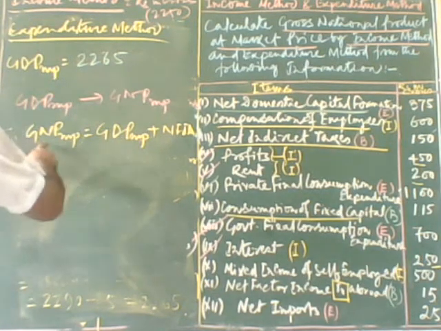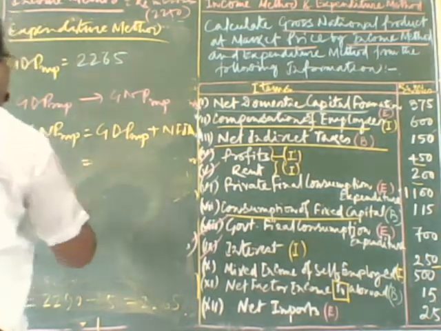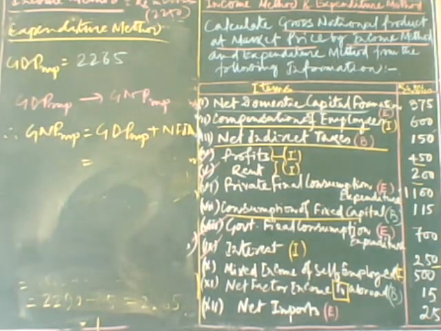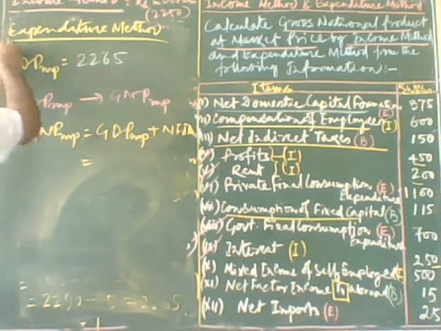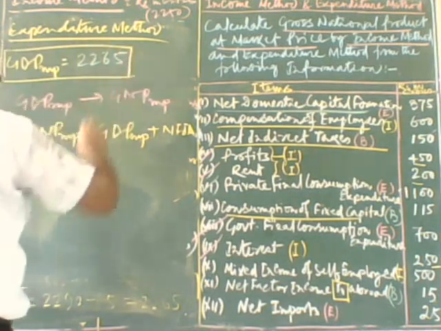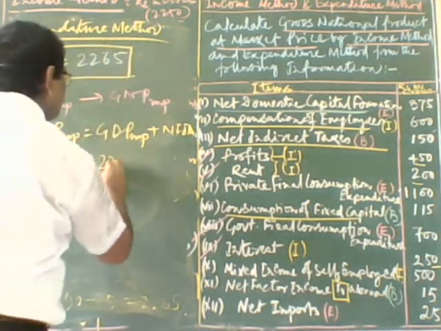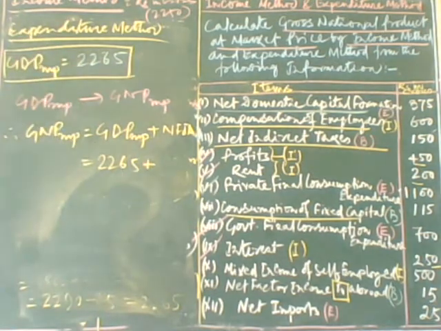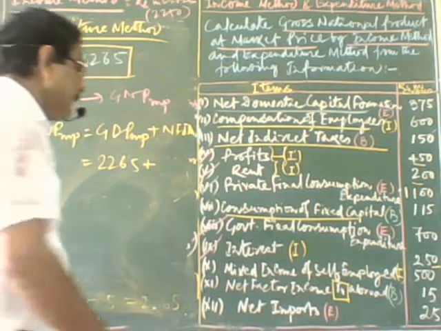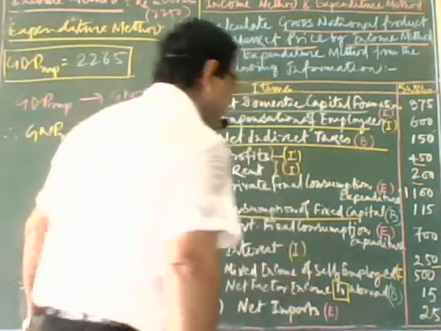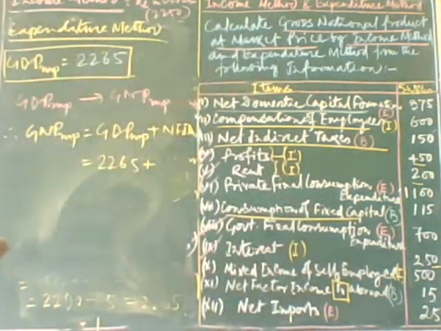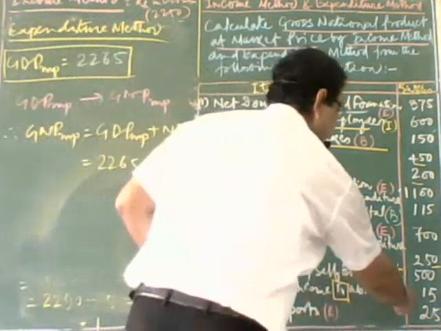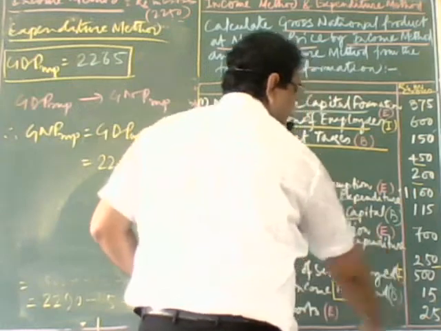So national is equal to domestic plus NFI. Now you have already calculated the GDP market price, that value is 2265. You have to put the value 2265 plus the value of NFIA. Net factor income to abroad is given. Whenever you get the value of net factor income from abroad, the to abroad value will be negative.